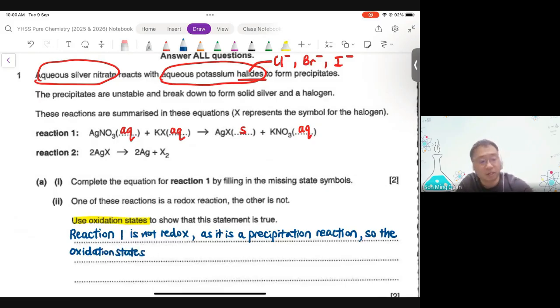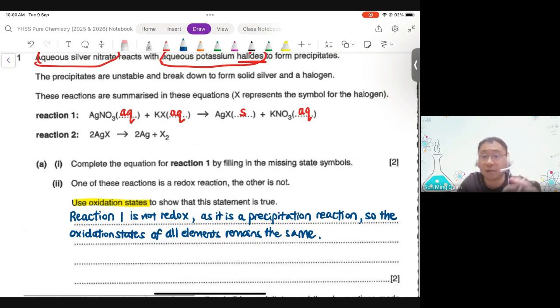So the oxidation states of all elements remain the same. Must you quote every single element out? I would suggest you don't need to, because this is just 2 marks. You may not have enough space to quote all the different oxidation states. It suffices to just say the oxidation states of all elements in reaction 1 remain unchanged.